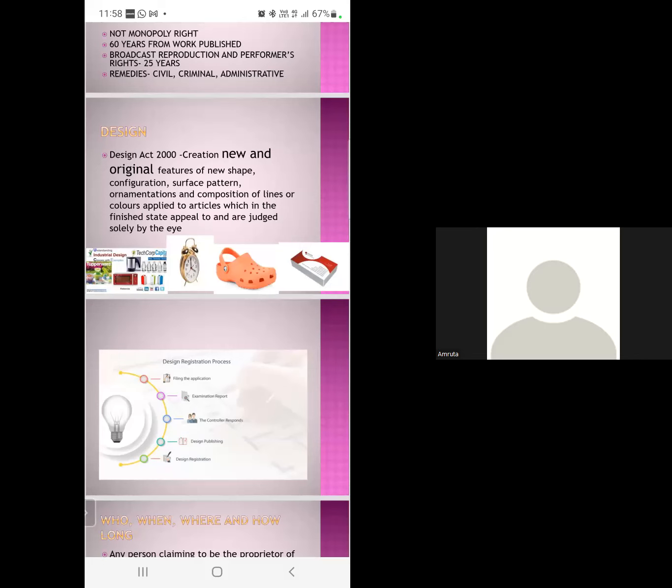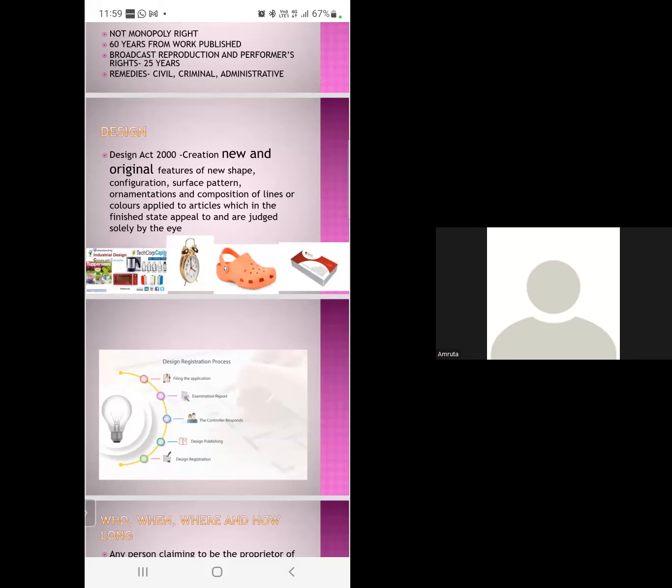So there is the filing of the application, then the authority examines it. You have to file the application with all the papers, saying this is my design, how I have created it, how it is different from other products, and how it is unique and appealing to the eye. You have to give all the documentation related to the product.